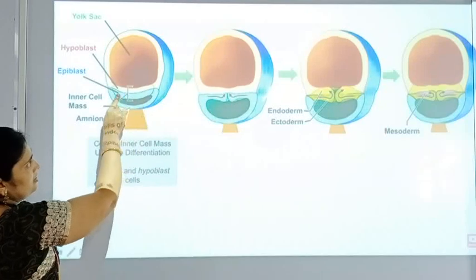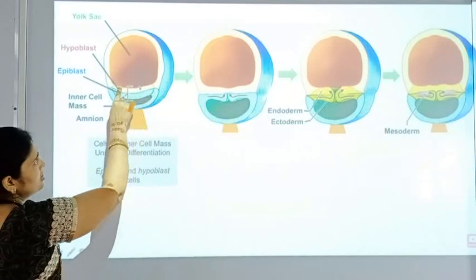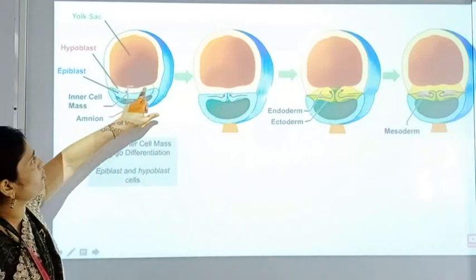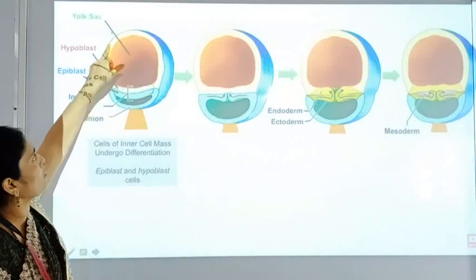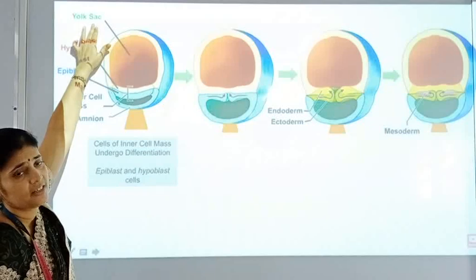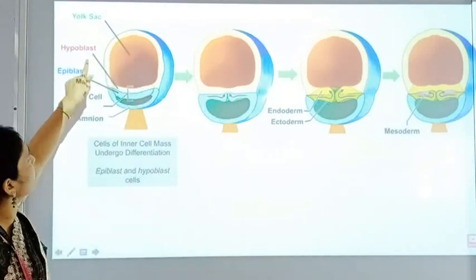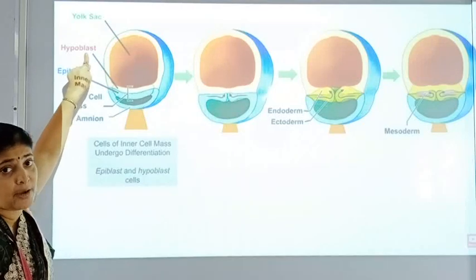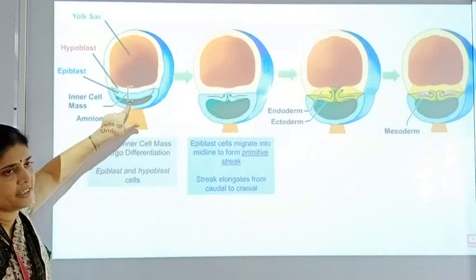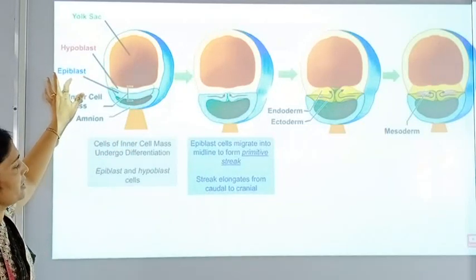Some cells form this layer called the epiblast, and this yellow colored structure is called the hypoblast. The hypoblast grows and forms a cover around a sac-like structure called the yolk sac, formed due to the differentiation of the hypoblast cells. This is the amniotic cavity, formed due to the cells differentiated from the epiblast.